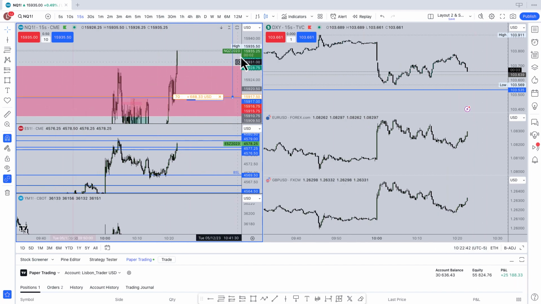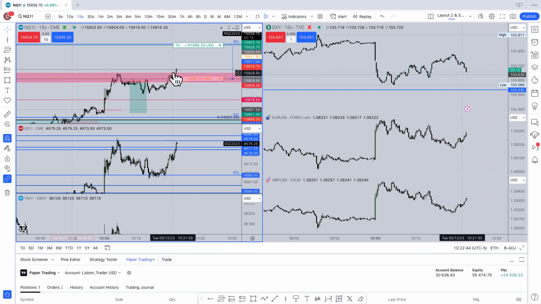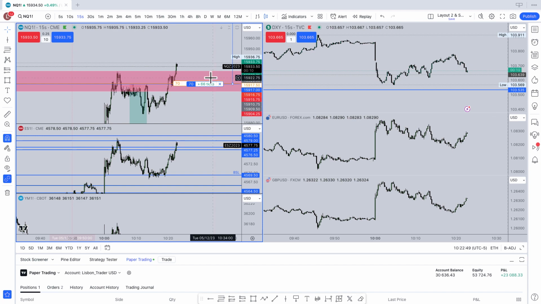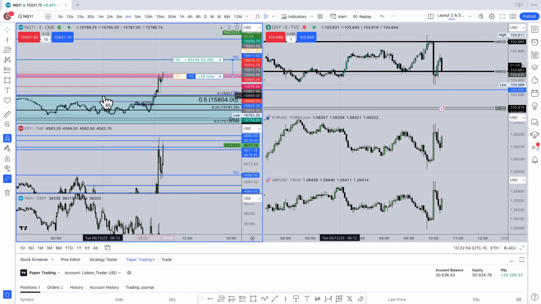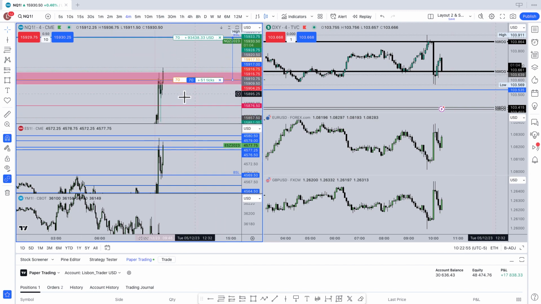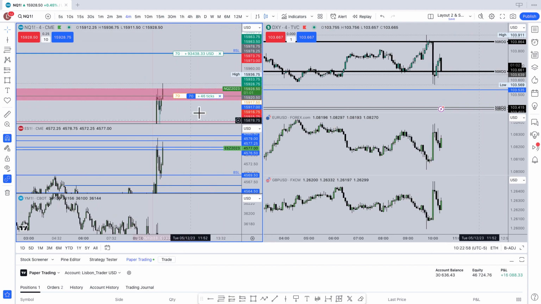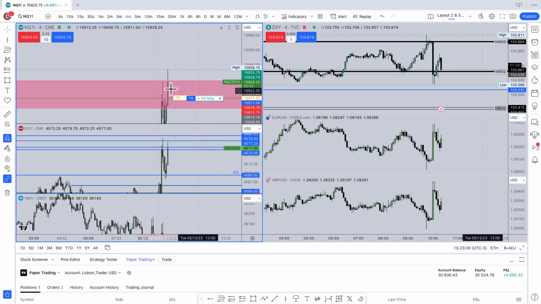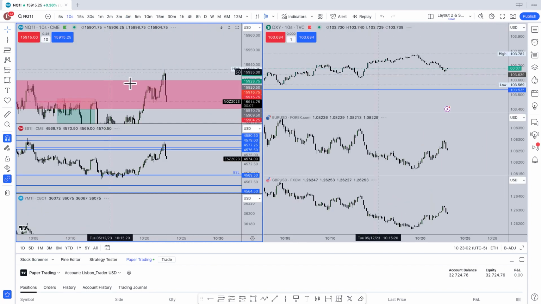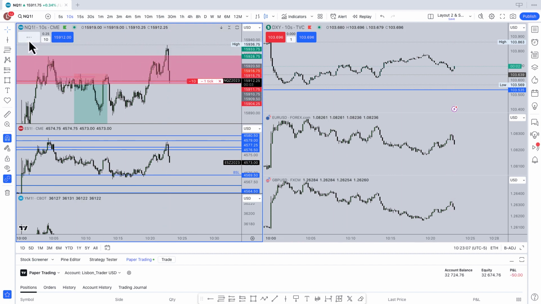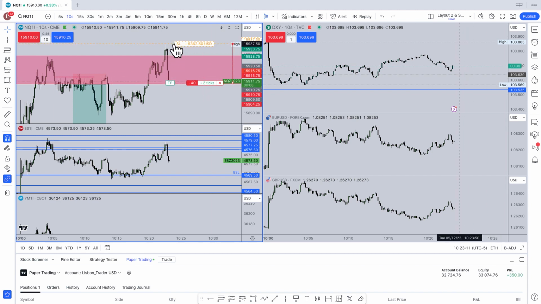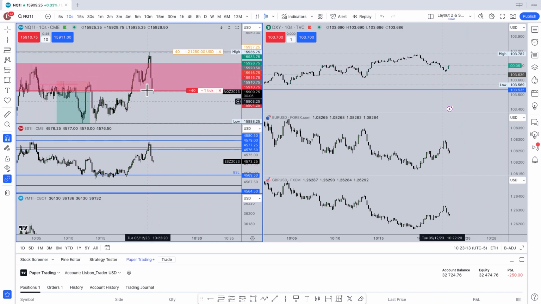21, 24. So now we have 100k above. So this trade is to be coupled with the last one. So I need to make a little bit more than 50k in profit to recoup the previous one. Completely snapped back. So it now wants to turn. Shift in market structure.